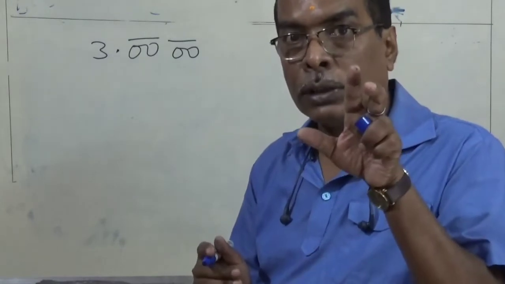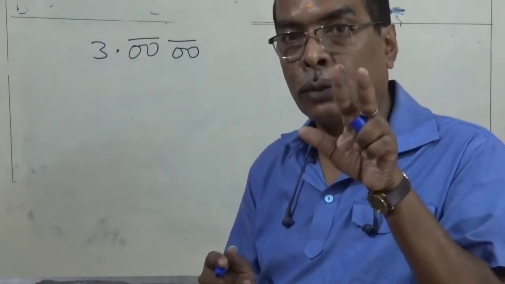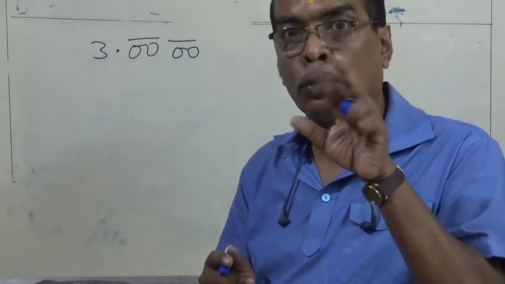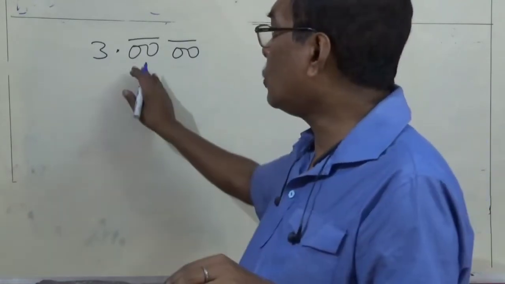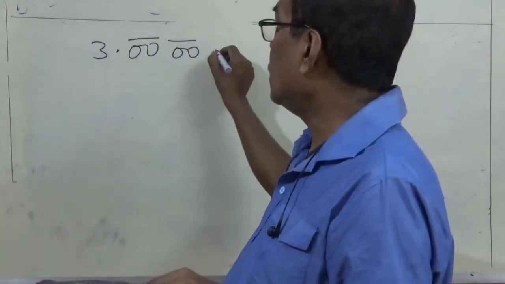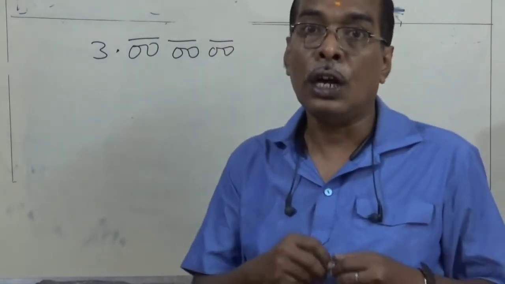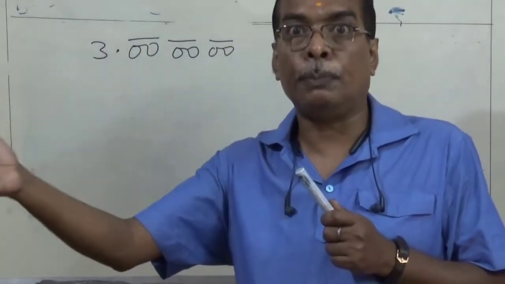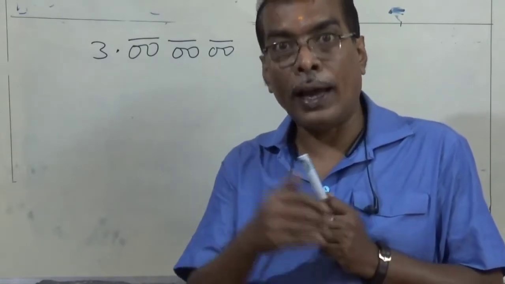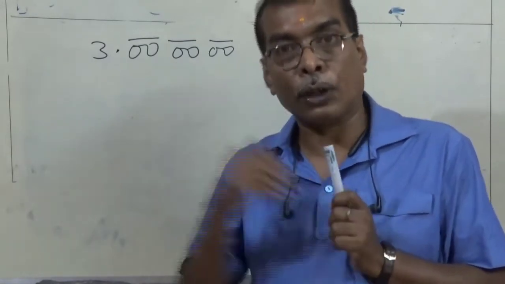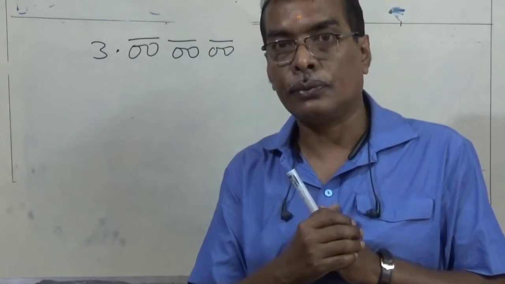For finding the value of square root of 3 or this type of numbers up to 2 places of decimals, you have to go for 3 pairs of zeros. That is, you will have to find the value up to 3 places of decimals. Why? I will explain that after completing this solution.